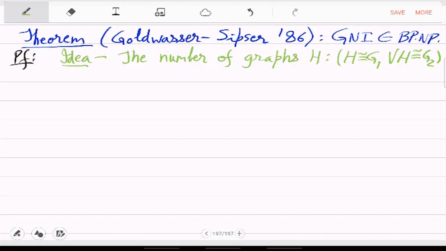This is more, and in fact doubly more, when G1, G2 are different, non-isomorphic, than when they are.